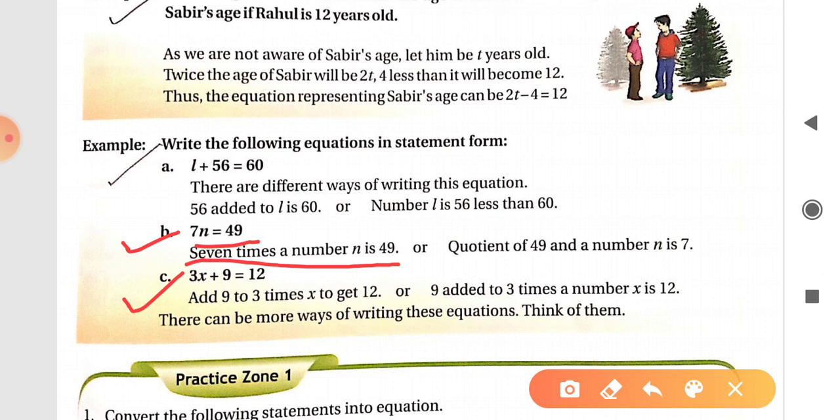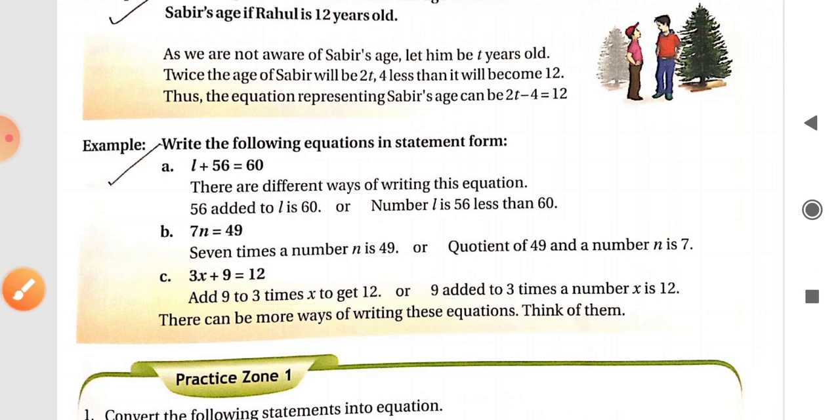Next question is 3x plus 9 is equal to 12. Its statement is add 9. We have added 9 to 3 times x. Add 9 to 3 times x to get 12. To get means is equal to get 12. This is the statement of the given equation.